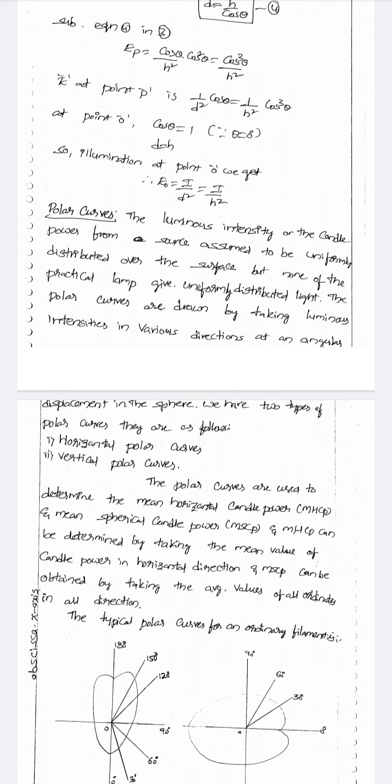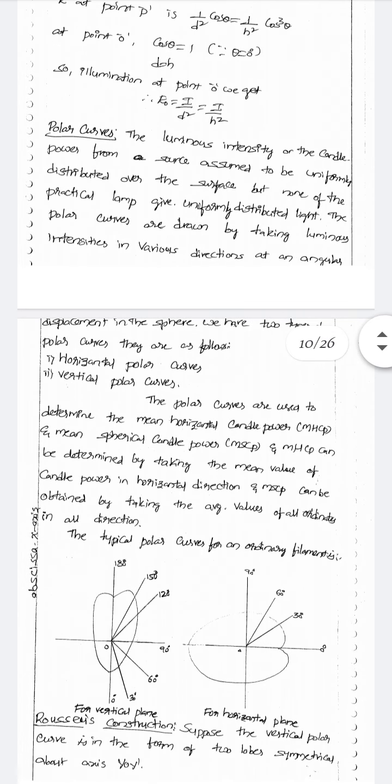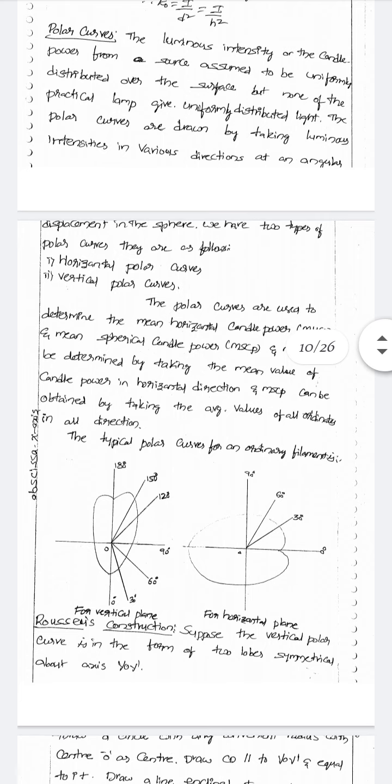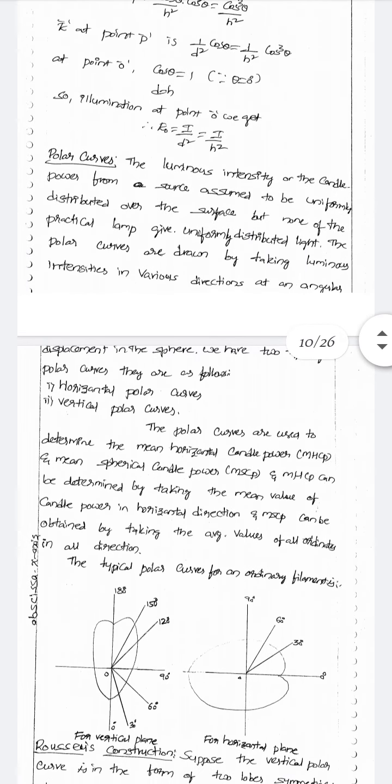The polar curves are drawn by taking the luminous intensities in various directions at angular displacements in the sphere. We have two types of polar curves: horizontal polar curve and vertical polar curve.